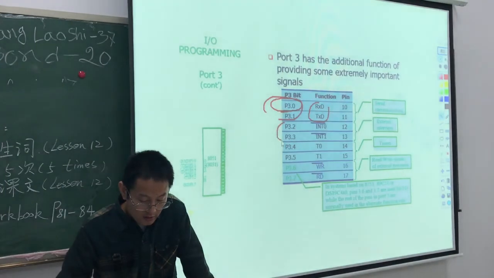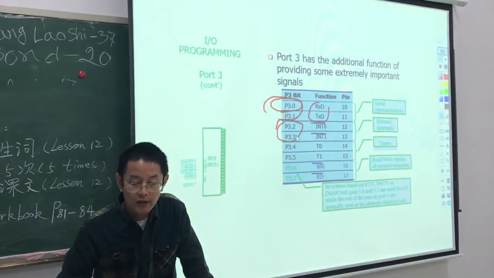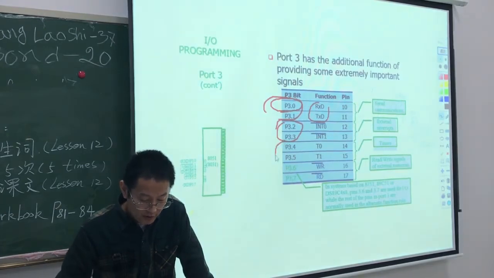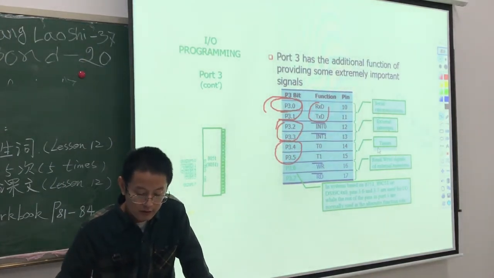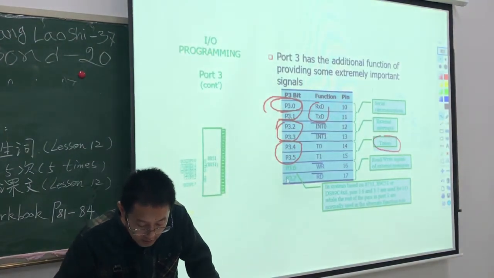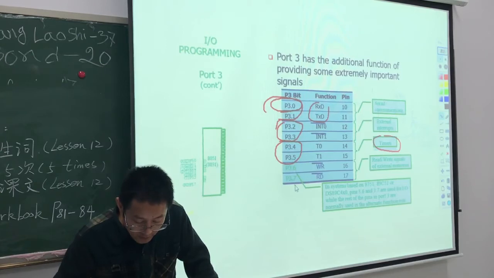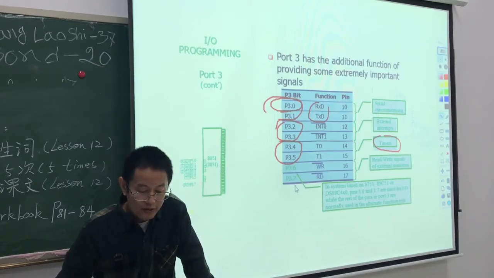P3.2 and P3.3 are used as external interrupts. P3.4 and P3.5 are used as timers. P3.6 and P3.7 are used as write and read signals.